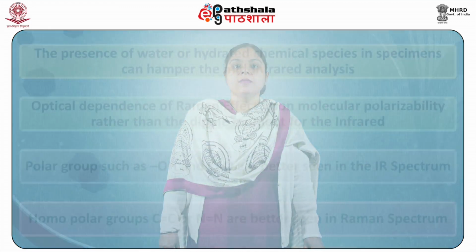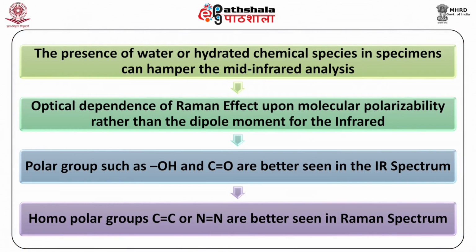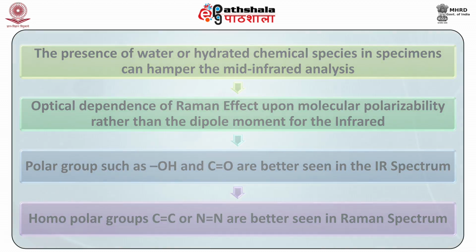For example, the presence of water or hydrated chemical species in specimens can hamper mid-infrared analysis, while the dependence of the Raman effect upon molecular polarizability rather than the dipole moment, as for infrared, means that polar groups such as the OH group and CO group are better seen in the infrared spectrum, whereas homopolar groups such as carbon-carbon or nitrogen-nitrogen are better seen in the Raman spectrum.